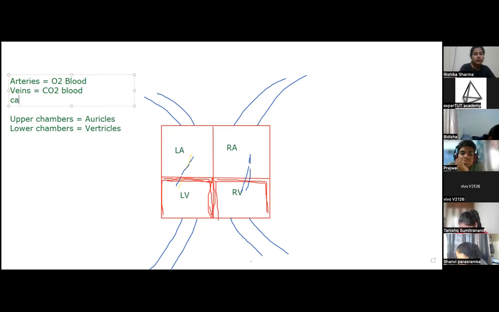And your capillaries, they are the site of exchange, right? Site of exchange.